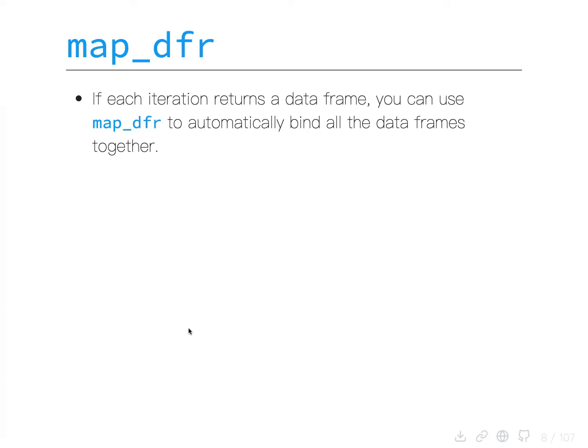If when you're running through your map, the return value each time is a data frame, you can use map DFR instead, and it will row bind those data frames. Okay, so you can loop through something. If the return value is a data frame, then you can get a single data frame in return. Okay, which is very nice.